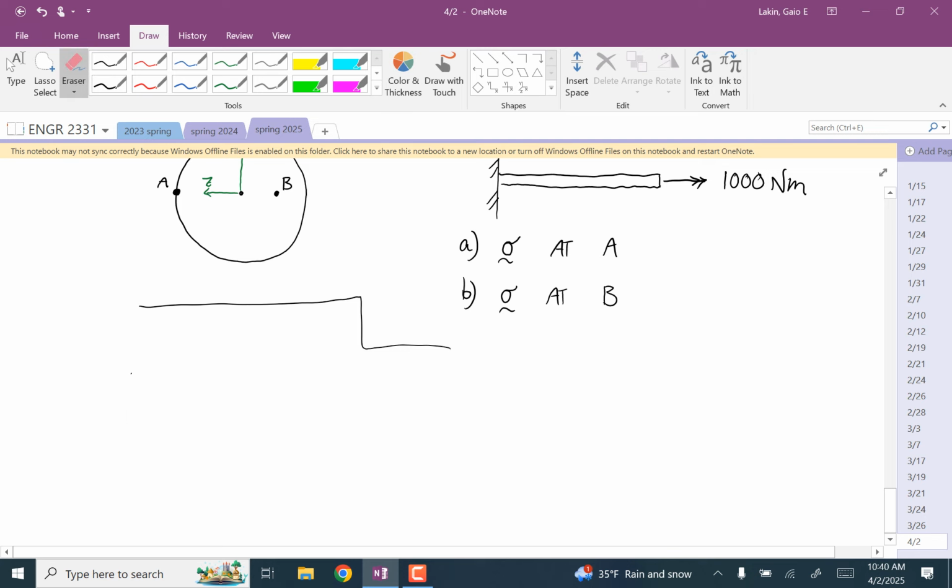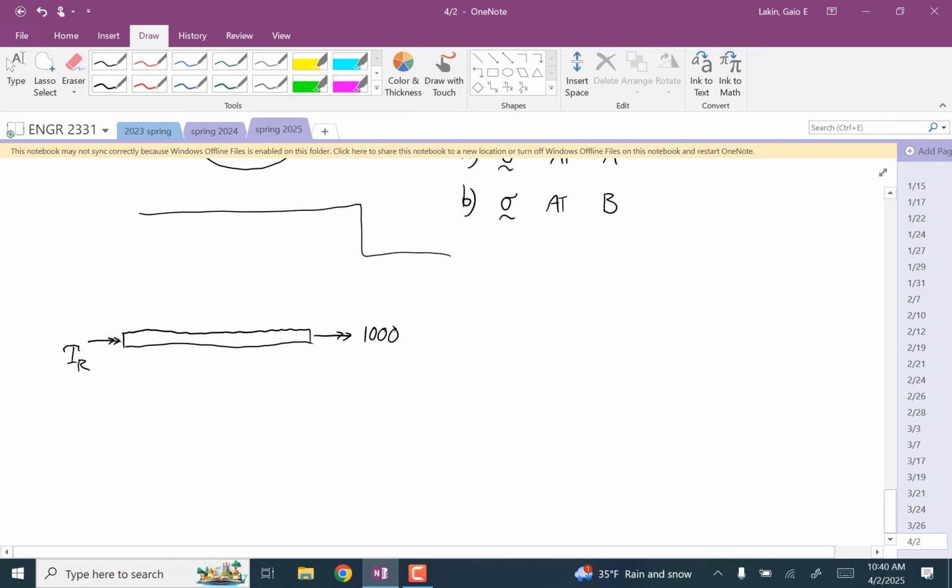Okay, so let's do the full one. So here's our reaction torque. Here's our 1,000. And so that says that, going through Newton's rotational second law along x, T_R is equal to negative 1,000, right?